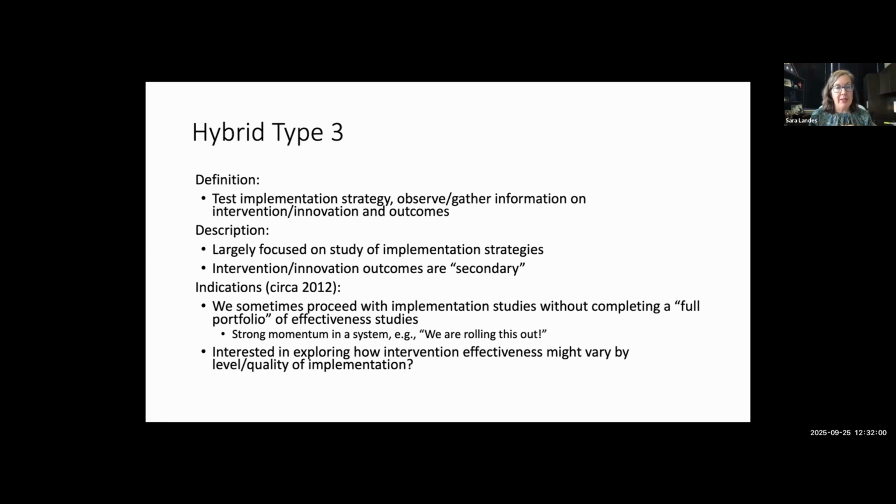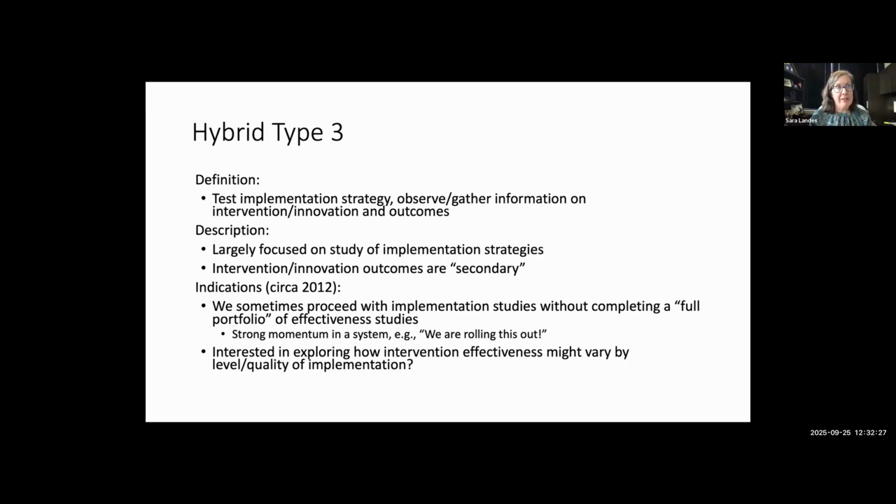So when would you do this? Sometimes you'll see, I always like this bullet point, it says we proceed with implementation without completing a full portfolio of effectiveness studies. Sometimes the environment or the agency we work within has decided this thing is good enough or is better than what we have, and we're rolling it out.